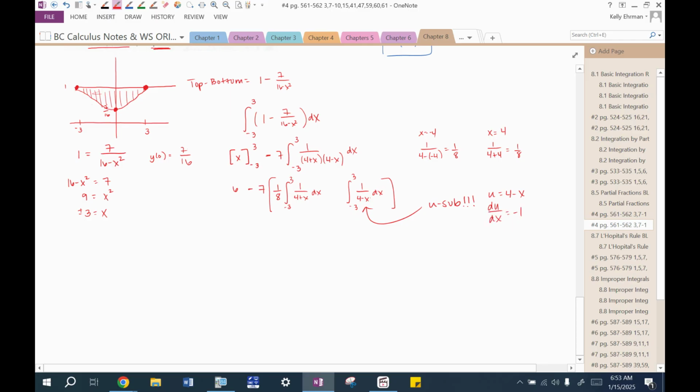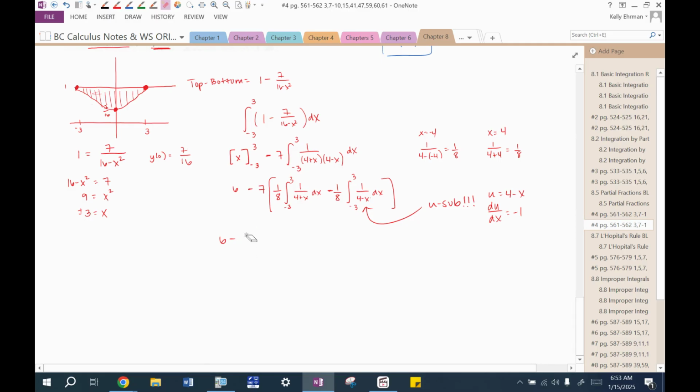So if I want to have a u in here, I need to have a negative out in front. So even though this came out to positive 1/8, it's really going to be negative 1/8 because of u-substitution. Okay, so that's tricky.